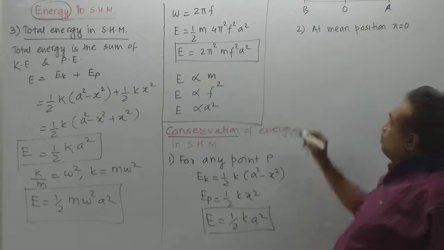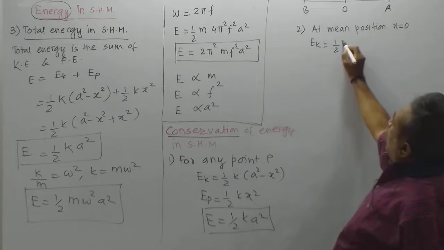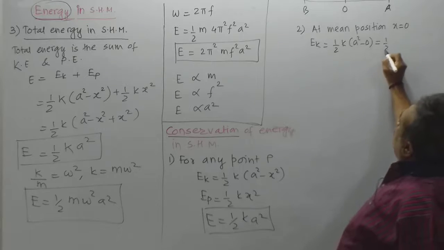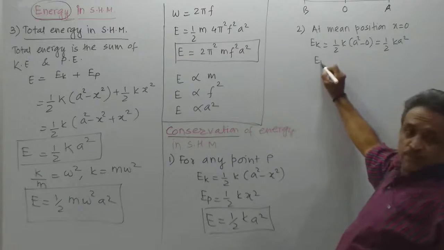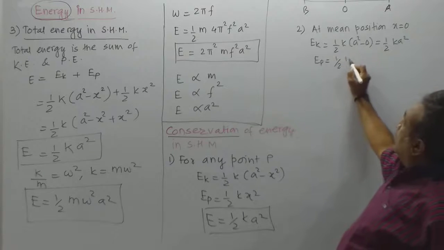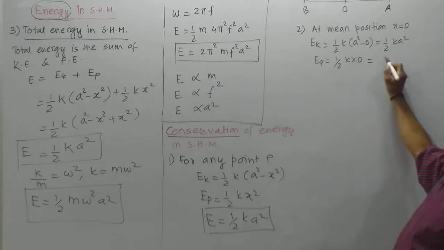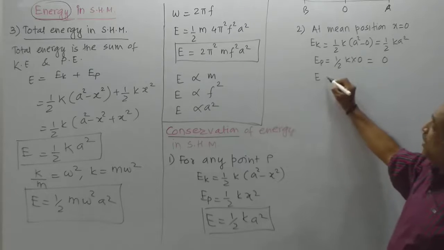When I put x equal to 0, I get kinetic energy Ek equal to half K (A square minus 0), or half KA square. And potential energy Ep is equal to half K into 0, so it will be 0. At the mean position, potential energy is 0. The total energy is only kinetic energy.